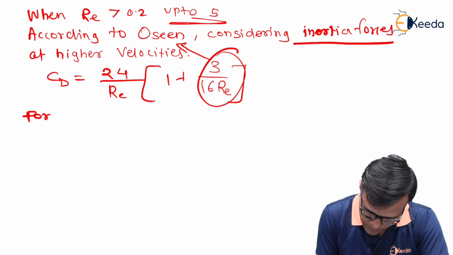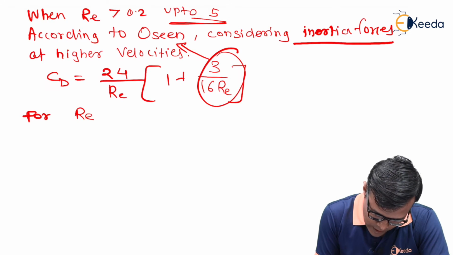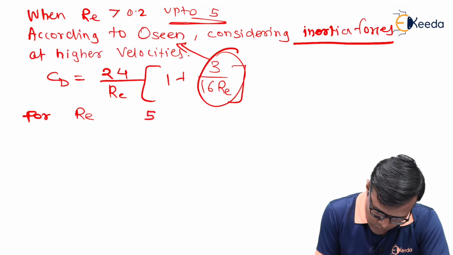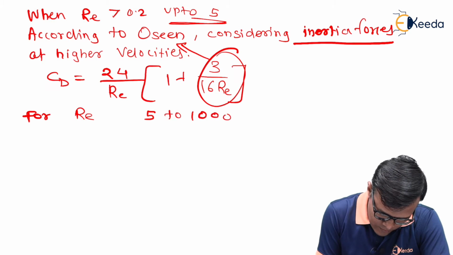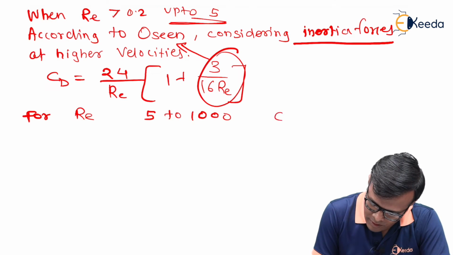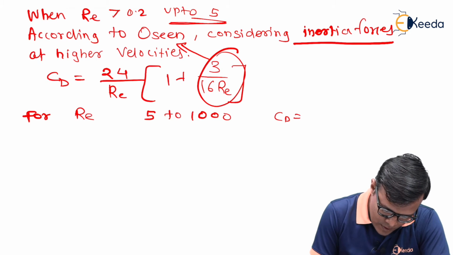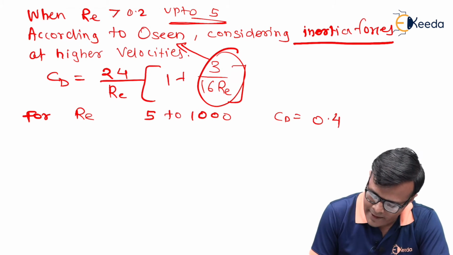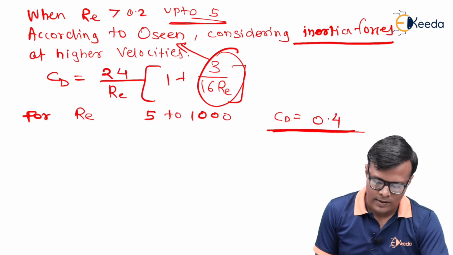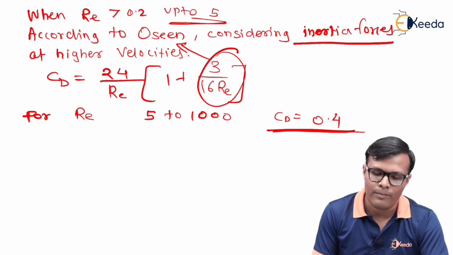For Reynolds number ranging from 5 to 1000, Cd value is equal to 0.4. These are the ready results for practical problem purposes.